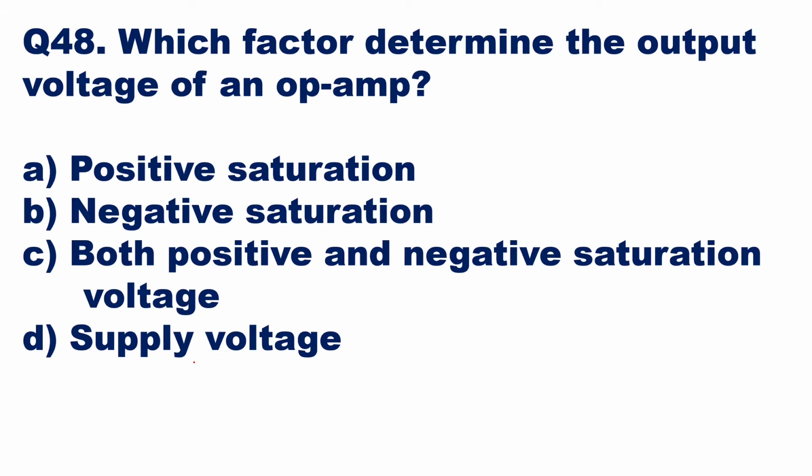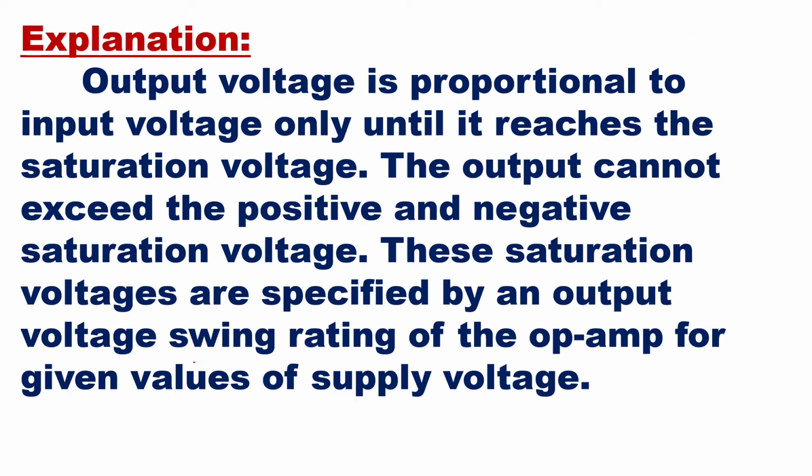If you see the explanation for this, both positive and negative saturation voltages are the factor which will determine the output voltage of an op-amp. Now, if you want to remember this explanation, it can be given as: output voltage is proportional to the input voltage only until it reaches the saturation voltage. The output cannot exceed the positive and negative saturation voltage.